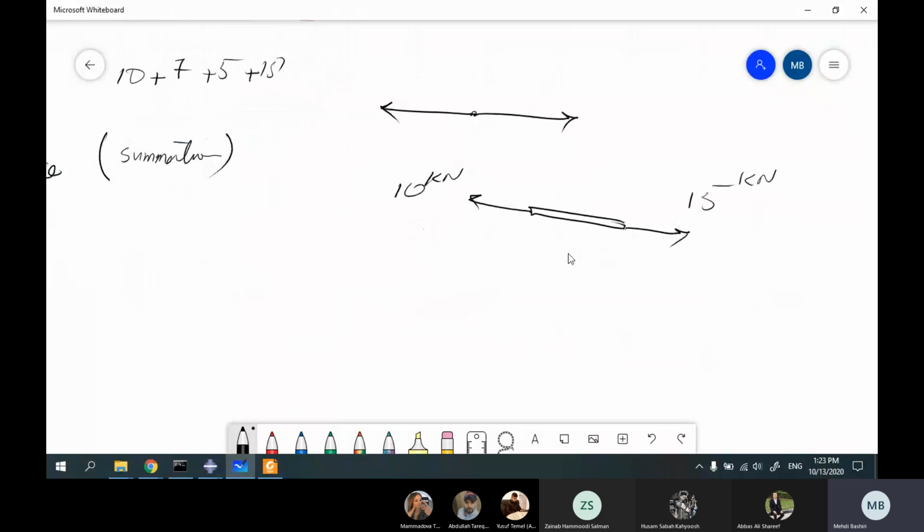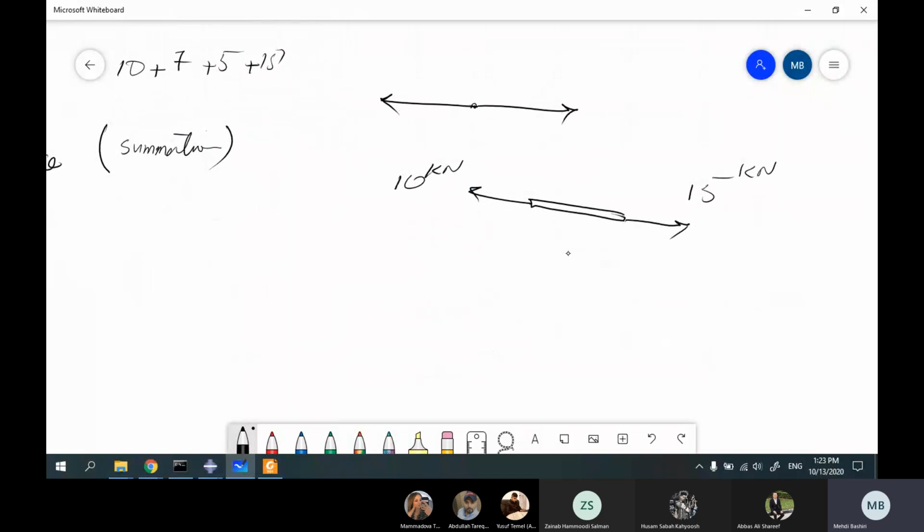What is the total resultant or the final resultant of the force acting on this rod? 10 plus 15 or 15 minus 10? Because they're acting in opposite directions, this is the final answer, not this one.